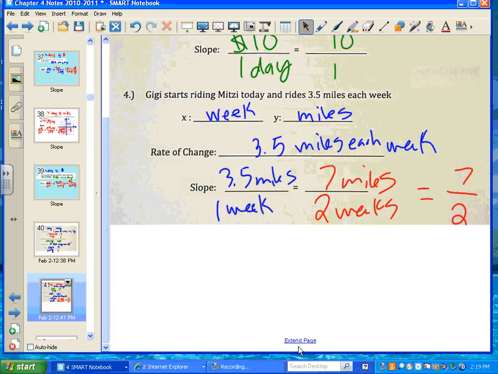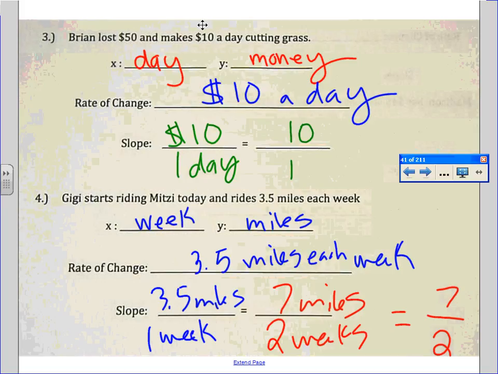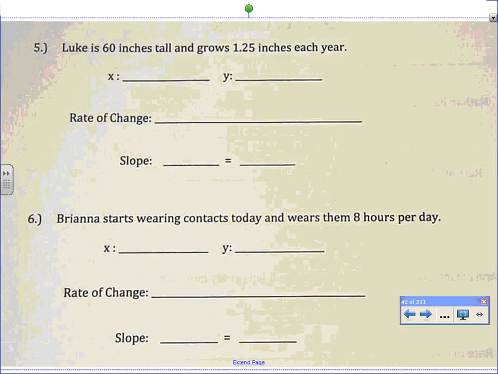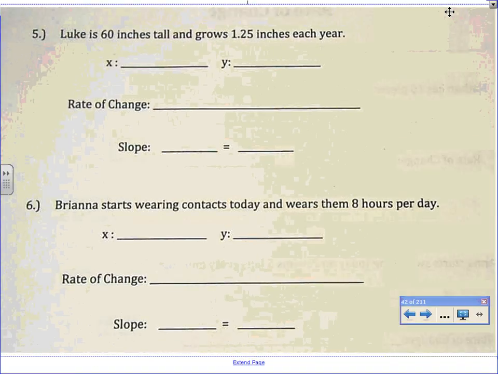If you don't have your calculator and you're not sure what the fraction is, let me know, and I'll help you. You doing okay?